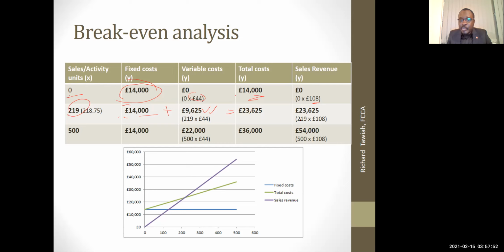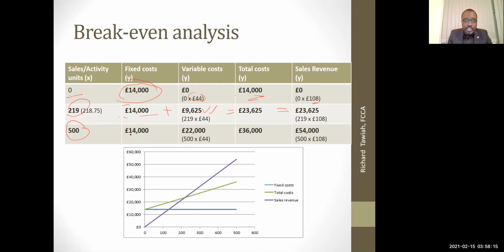Our revenue at that point will also be 219 times the selling price, so we're making the same revenue. When total cost equals total revenue, it is break even: zero profit, zero loss. But when we increase the sales of units to 500, we make extra units of sales.